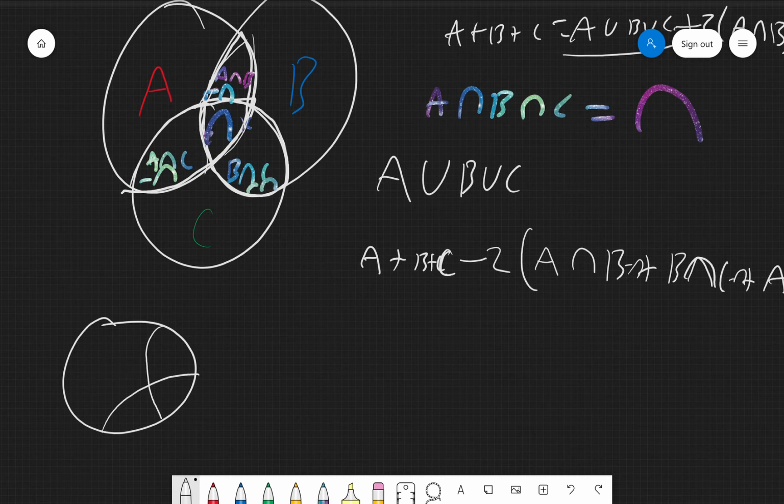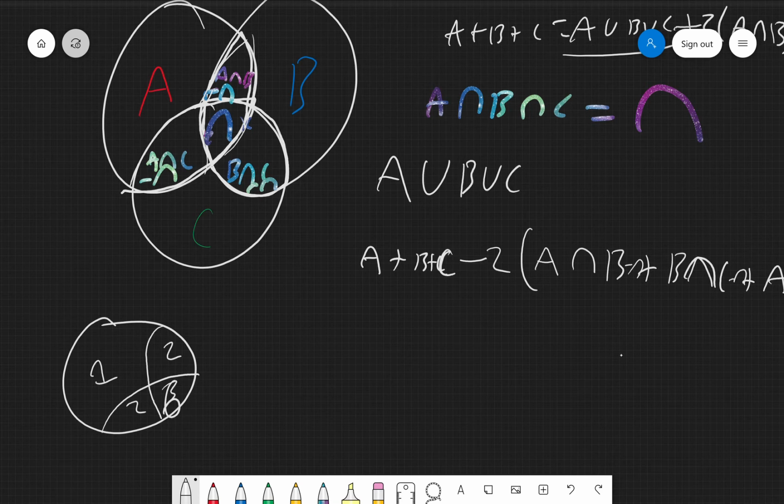So obviously this is used once, this is used twice, this is used 3 times. Or no, this is used 6 times because there's also the A intersection B, B intersection C, and A intersection C. And this part is used 2 times. And that's the same for all of them.